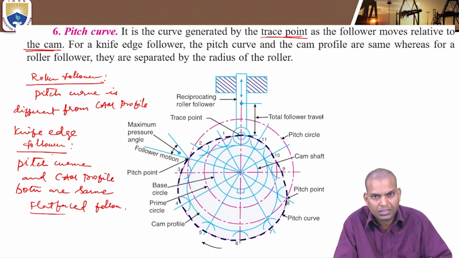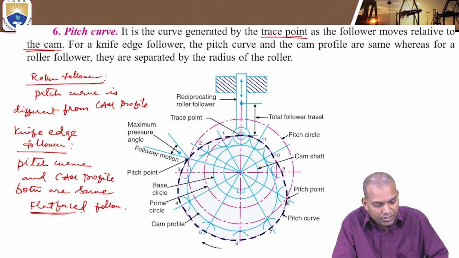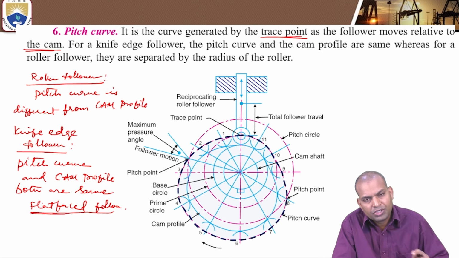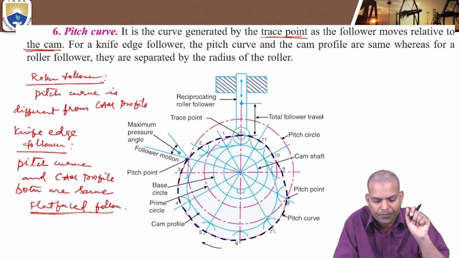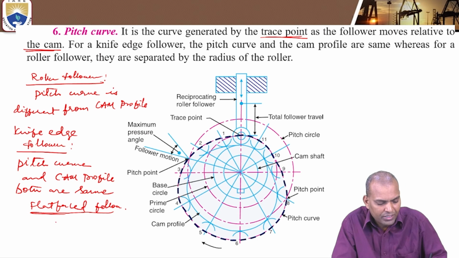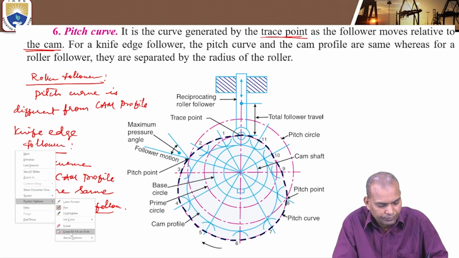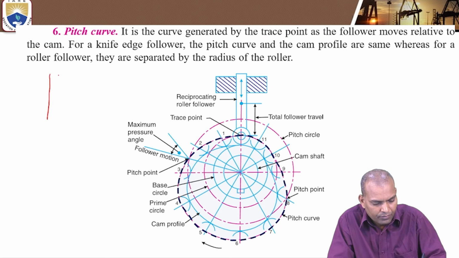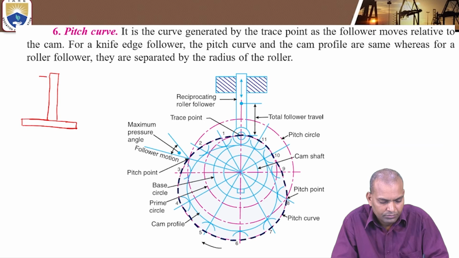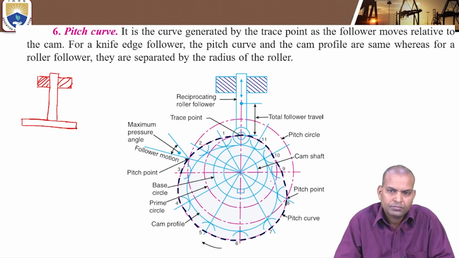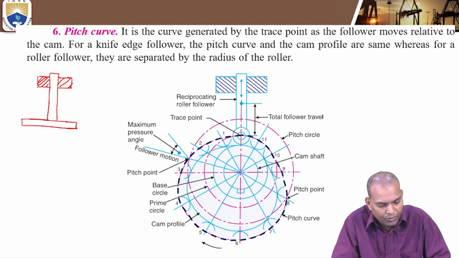But the contact is tangential to the flat face of the follower. How does it look? You can see that at the end, the face is a flat face. So it is a flat faced follower.